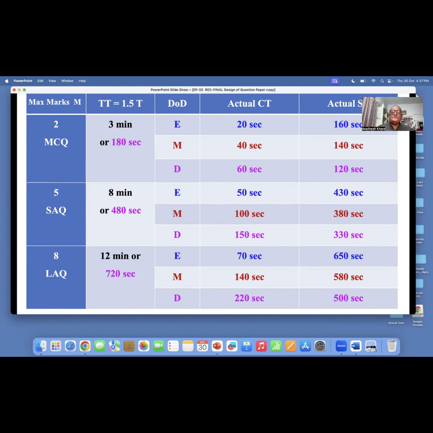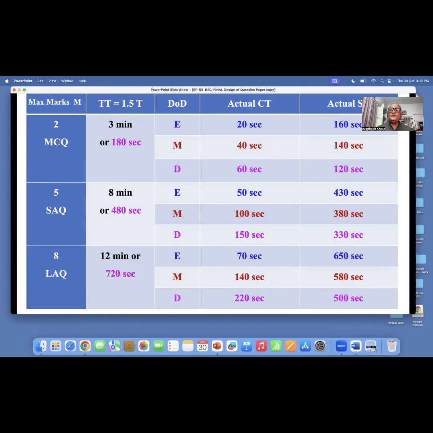Similarly, for short answer questions of 8 minutes, the easy, moderate, and difficult questions will have the actual conceptualization time respectively as 50, 100, and 150 seconds, and the actual solution time as 430, 380, and 330.